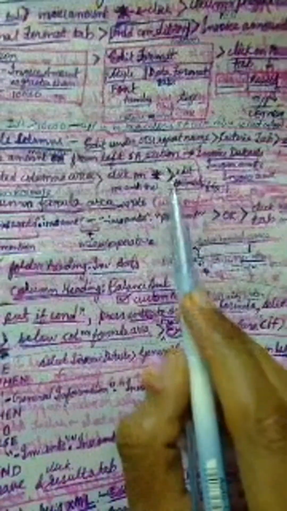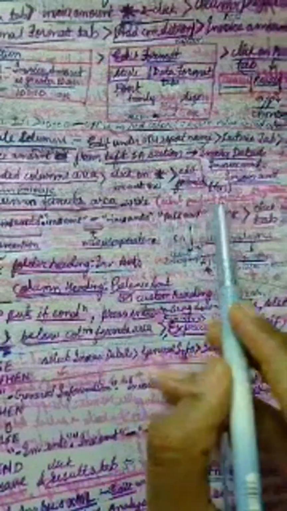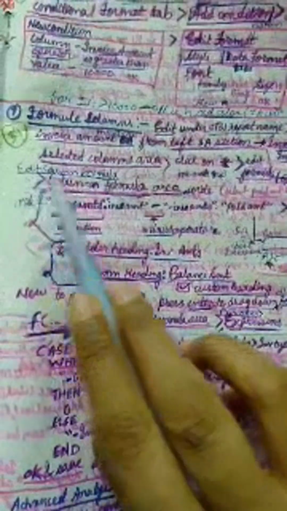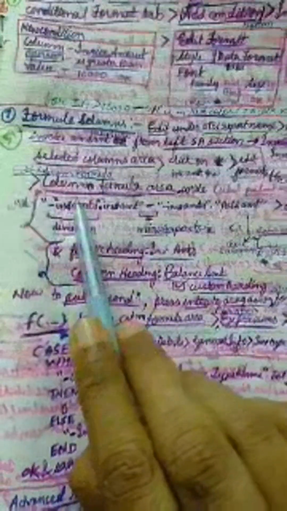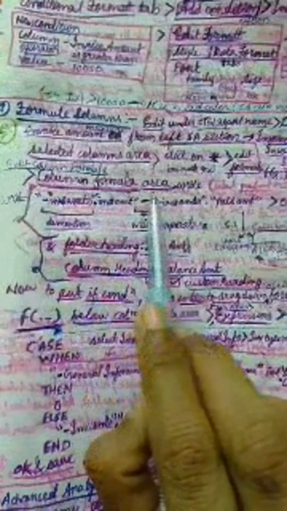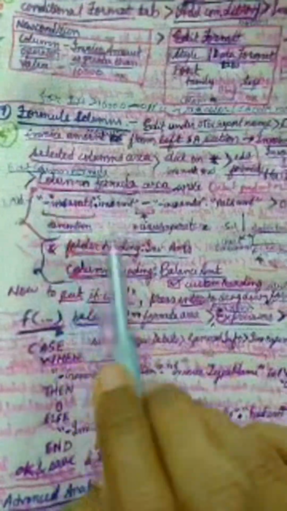Now beside this settings tab we have clicked on fx, which is edit formula. The edit column formula page opens. Here we have a small column formula area. How it looks, I will show.